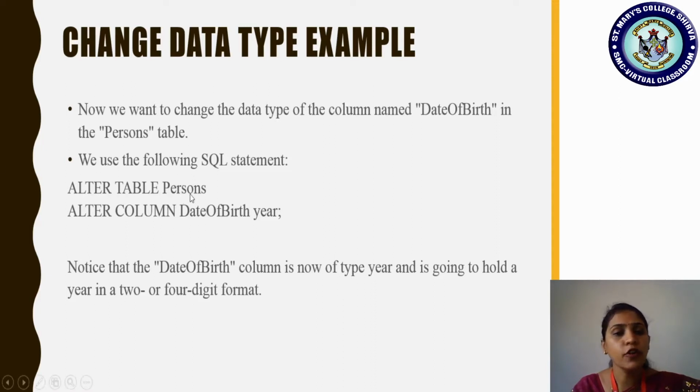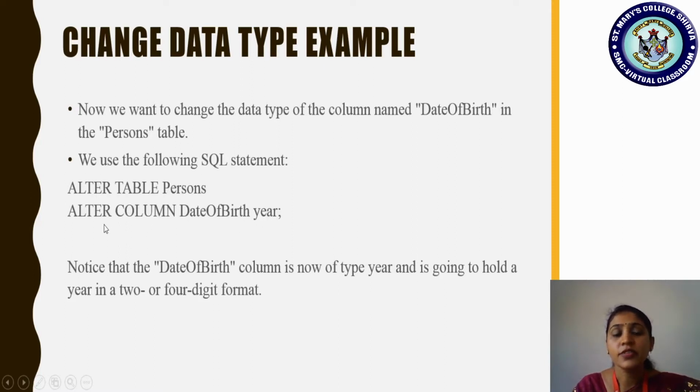Alter table followed by the table name, alter column, so the column has to be modified, again with the keyword alter column. Date of birth, that is the attribute or column for which we are trying to make the change, and you are changing the date data type to year. So: alter table persons, alter column, date of birth, year.